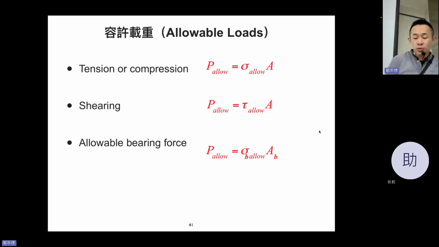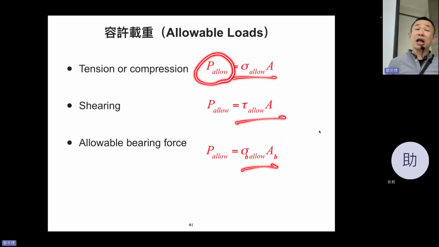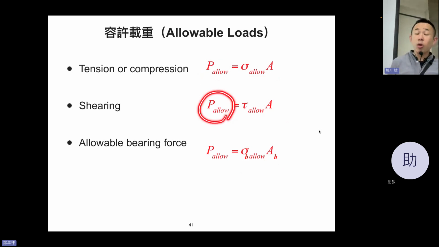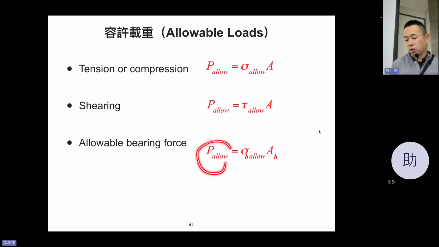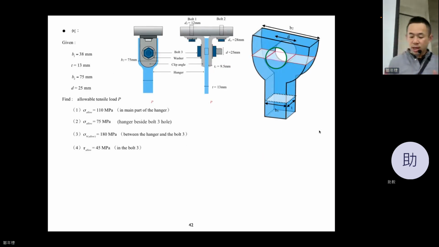So you multiply by the area of the cross section, and you get the allowable force, allowable shear force, allowable bearing force. Easy.